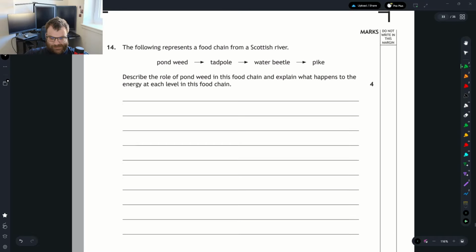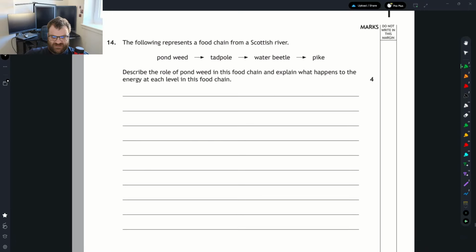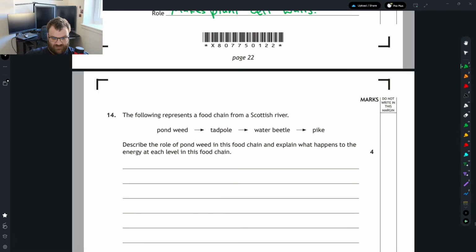For this one, the role of pondweed and what happens to the energy at each level? Well, pondweed is at the beginning, it's a plant. So pondweed is a producer, which carries out photosynthesis to make sugar, glucose. When it is consumed by a tadpole, around 10% of energy is passed on, and then the rest of it is lost.